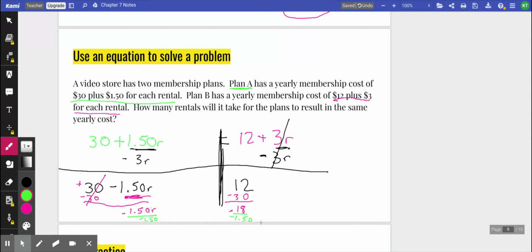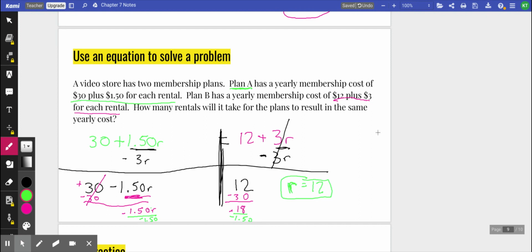So in my calculator, if I type in 18 divided by 1.50, I get r equals 12. Okay, so what does that tell me? That tells me if I rent 12 movies, these two plans would cost the exact same.